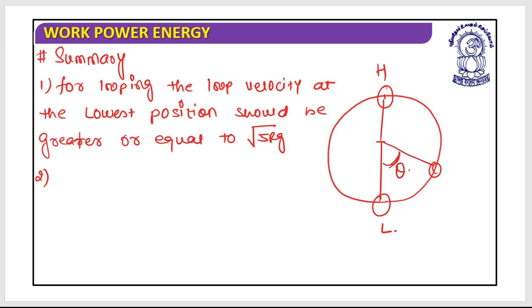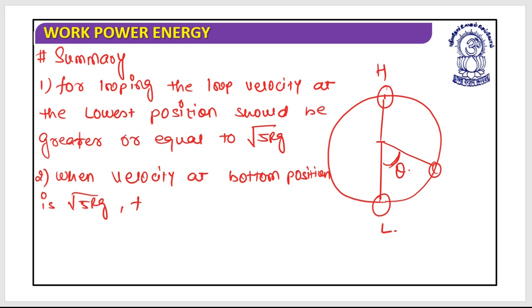The second thing is, when velocity at the bottom position is root 5rg, tension at the highest position will be 0.